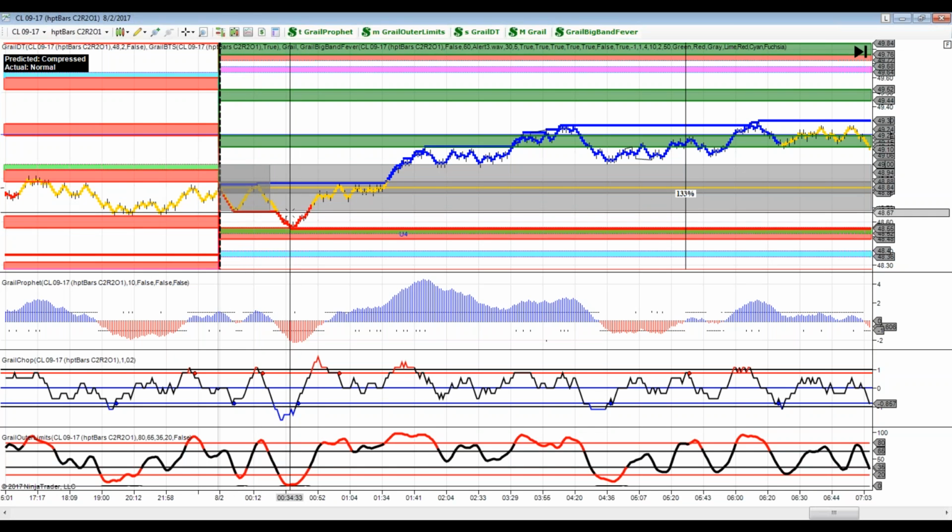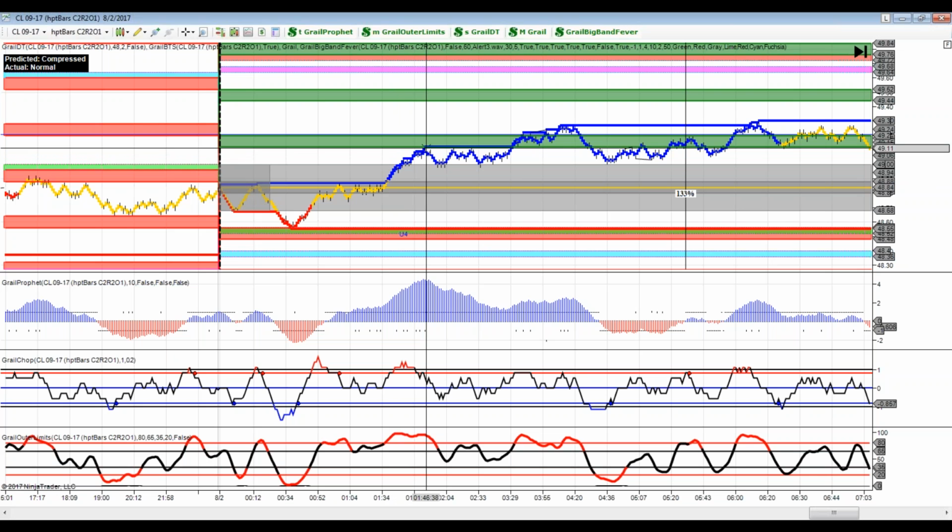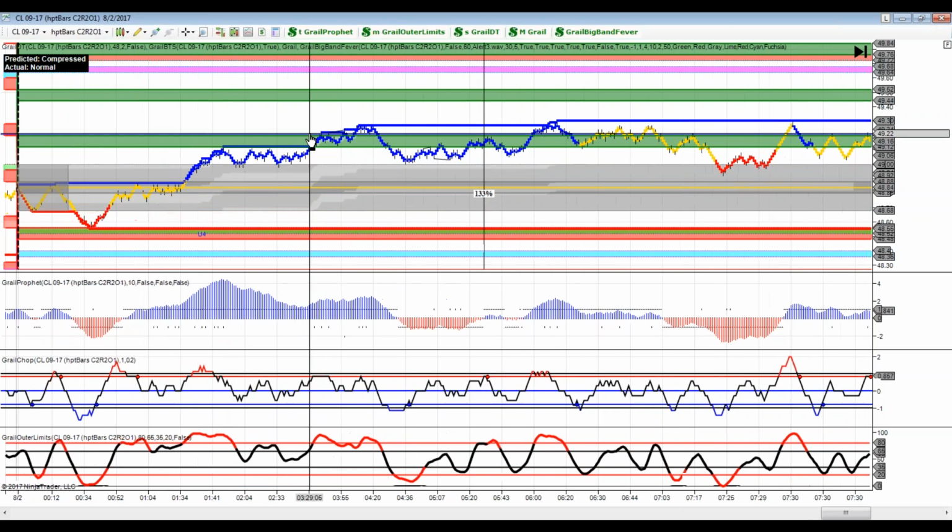We moved to the number one smart profile level, and that held. And then we went to the upside, going long, hitting band 1.